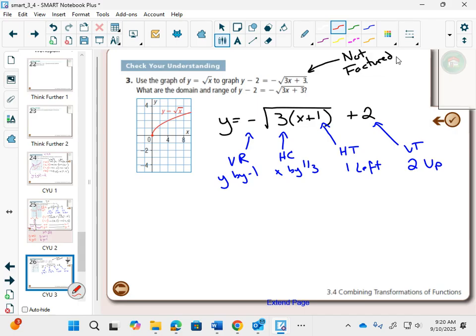On your original graph, definitely going to use 0, 0. What are your other points on your square root graph? When we did our table of values, what are other points you can label easily and quickly? Well, there was 1, 1.